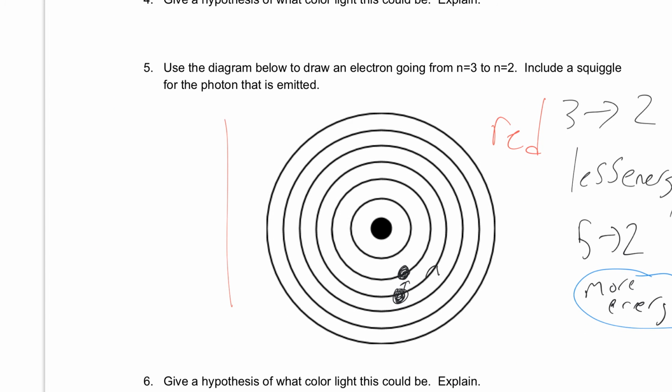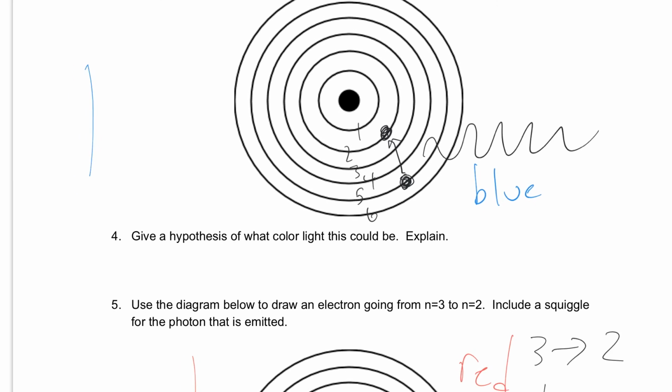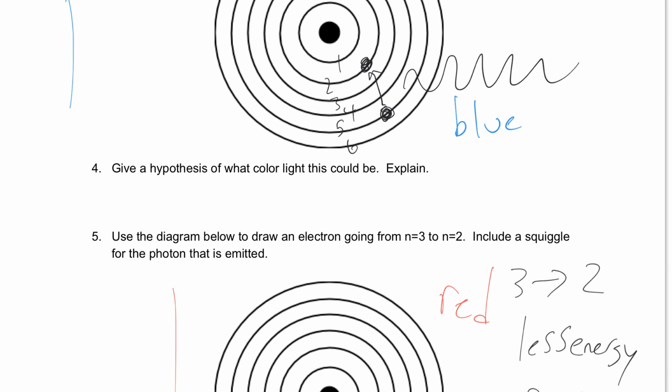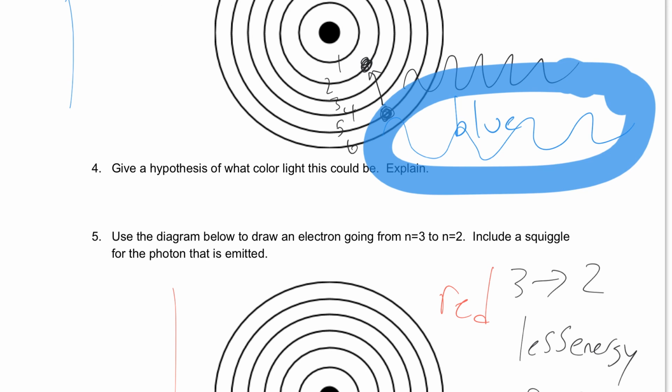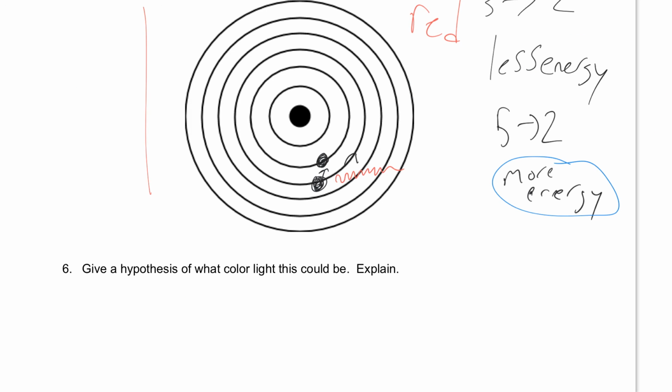Wavelength for more energy was smaller. Whereas the red one, back up here, was much longer. So, again, less energy here, and more energy here. Hope that helps.